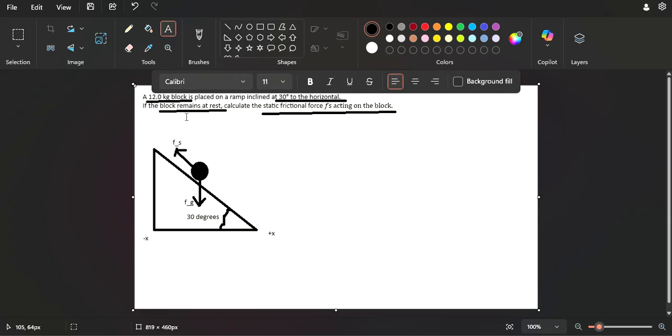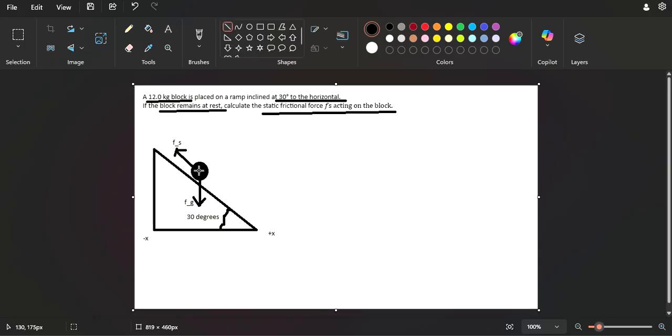Okay. Next is our normal force, and our normal force is perpendicular to the surface. So our normal force would be going this way. Wait a sec, my bad.